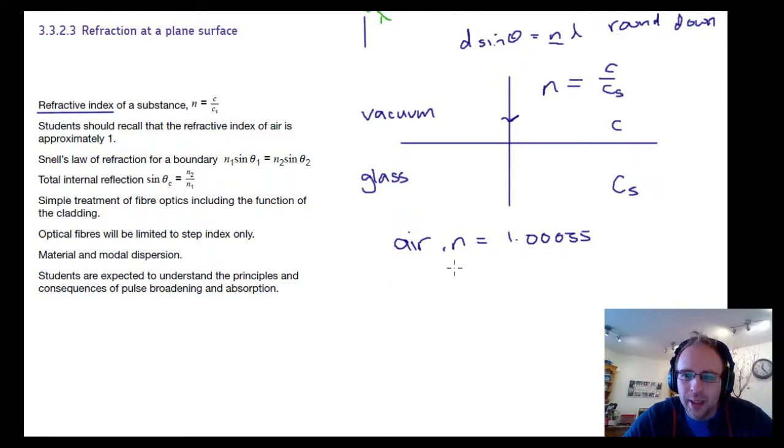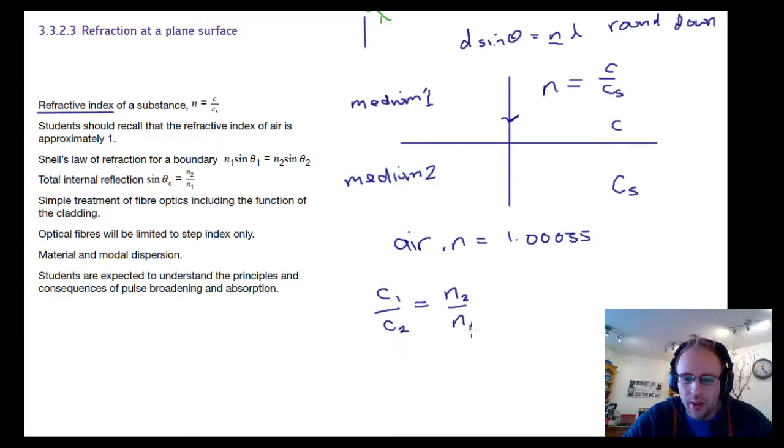So we can extend this. It doesn't have to be going from a vacuum to glass. We can extend it, so if we say we're going from medium 1 to medium 2, then if we take c1 over c2, we get n2 over n1.